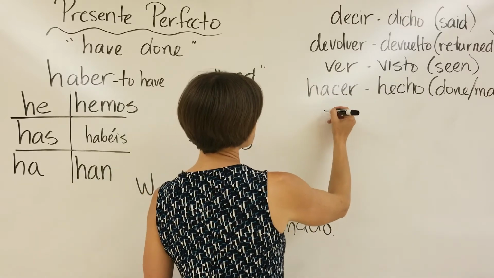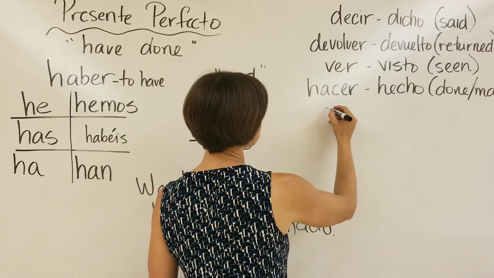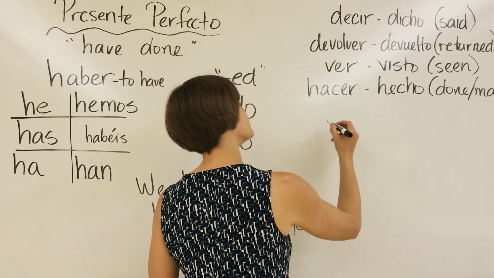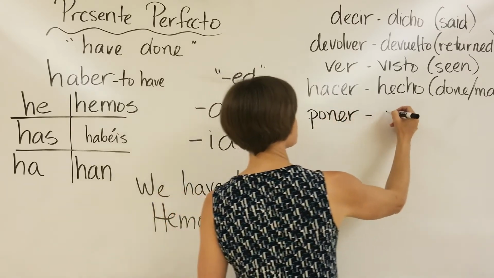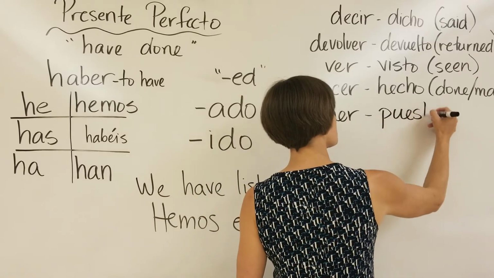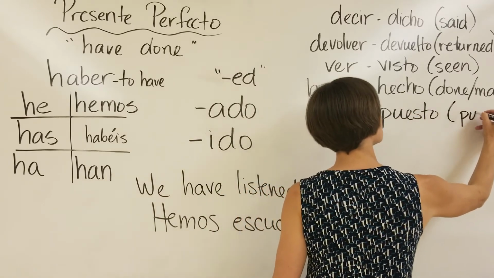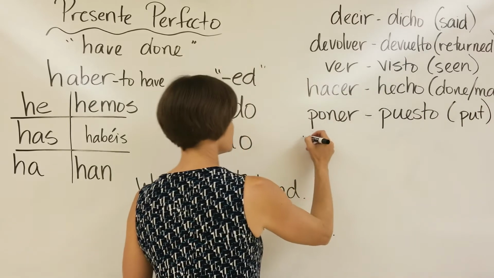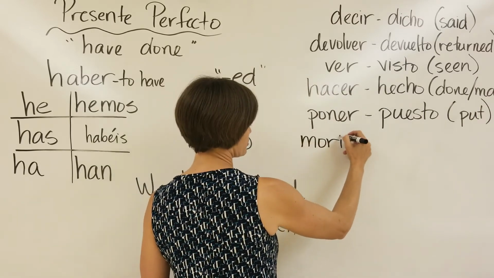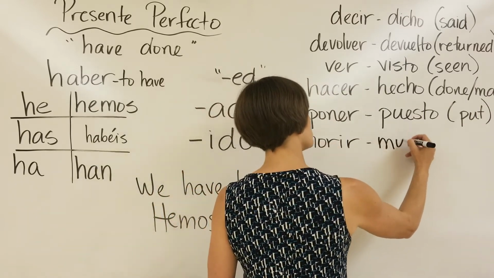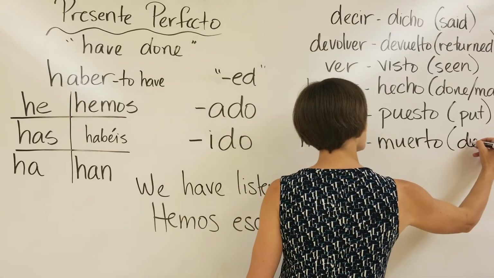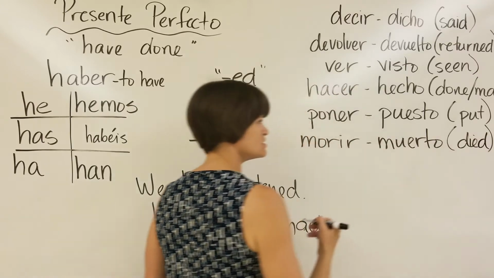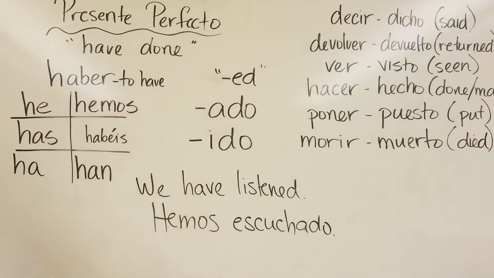We've got poner becomes puesto, means put. Morir becomes muerto. We've heard that word before. In this context, it means died, like I have died, you have died.